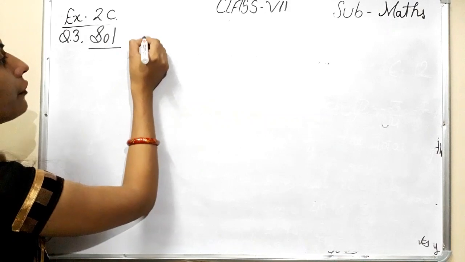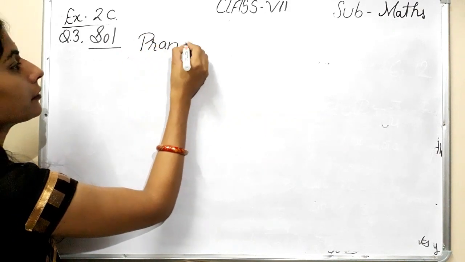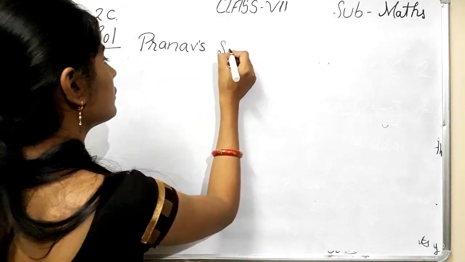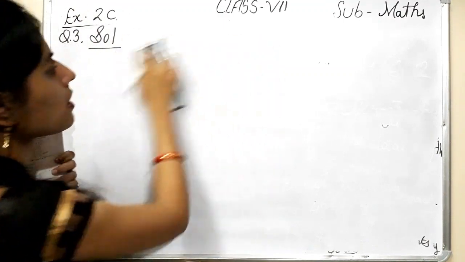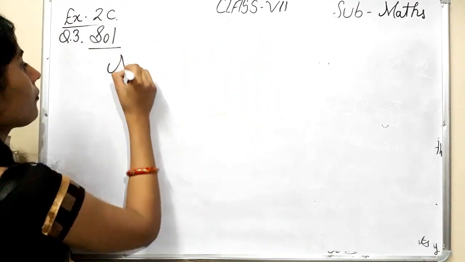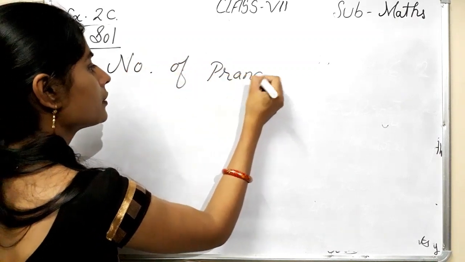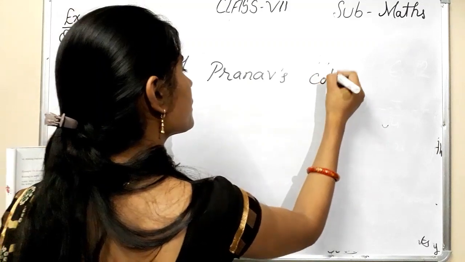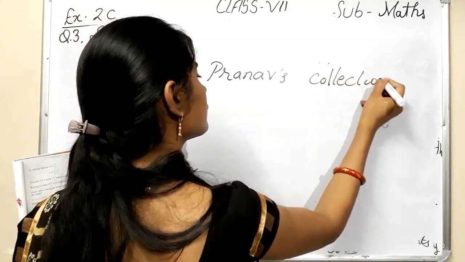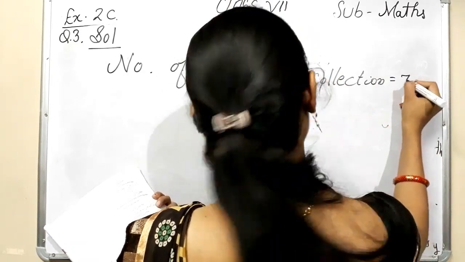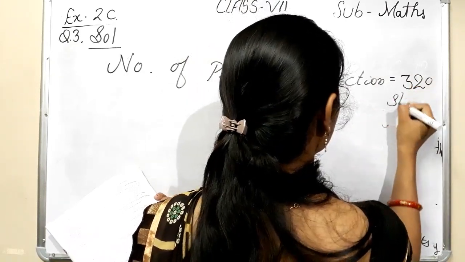See, first of all you have to write here Pranav's collection. Number of Pranav's collection is equal to 320 stamps.